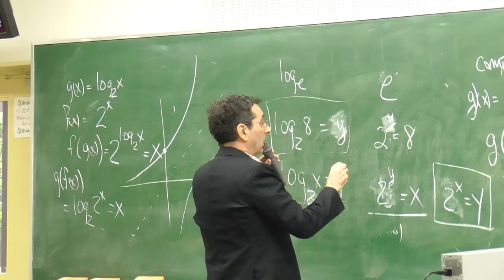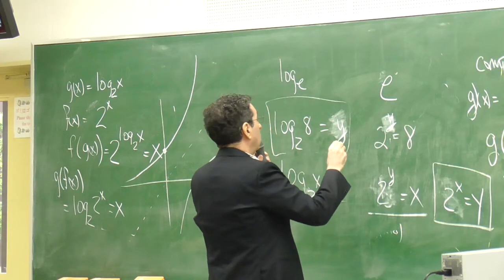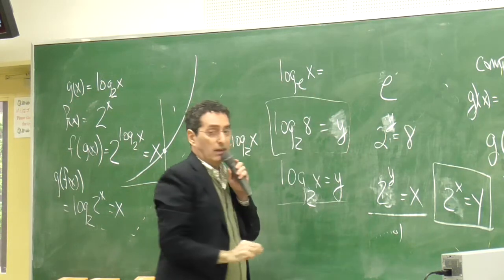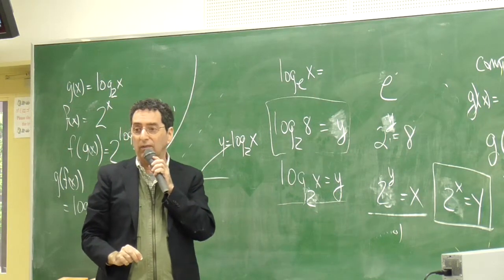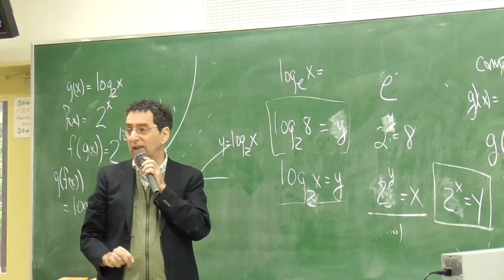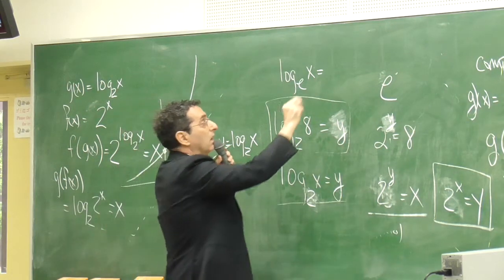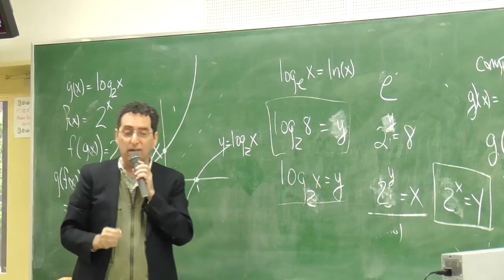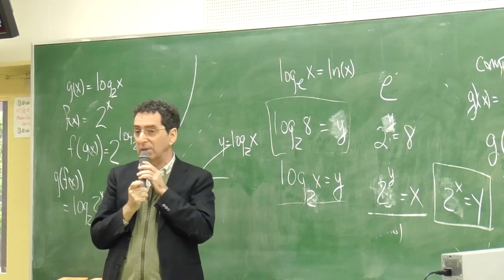So I think that everybody knows that if I write this, there's a shorthand for that. How's that written? You don't know that? That means they're just a different name for the same thing.